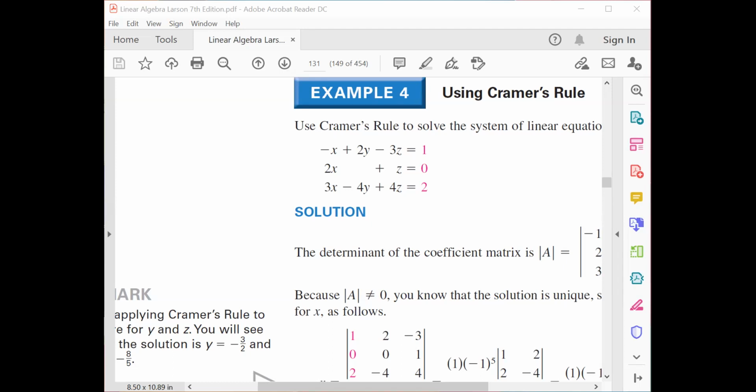And then for y, I take the matrix as is, except I replace the y column with r, t, w. And then for z, I write the coefficient matrix as is, except I replace the z column with r, t, w, the constants.